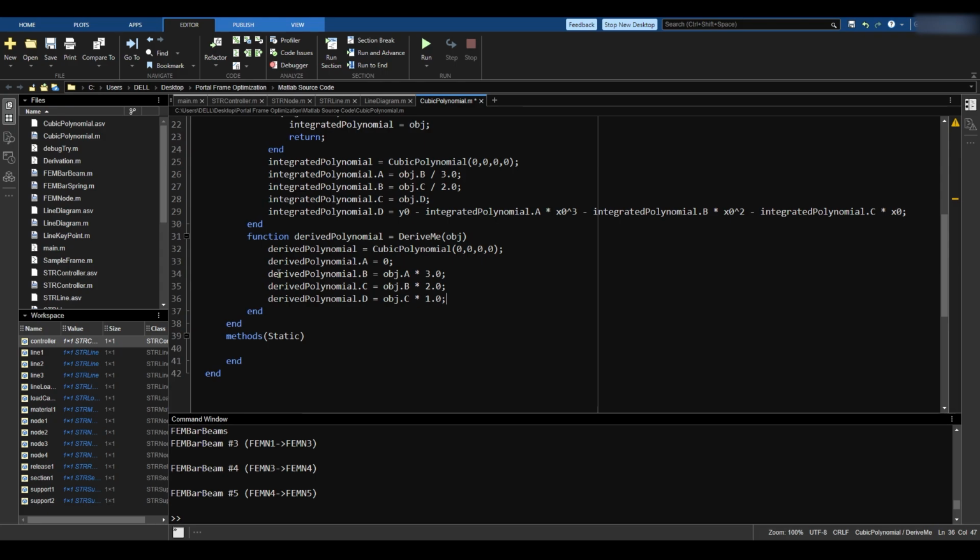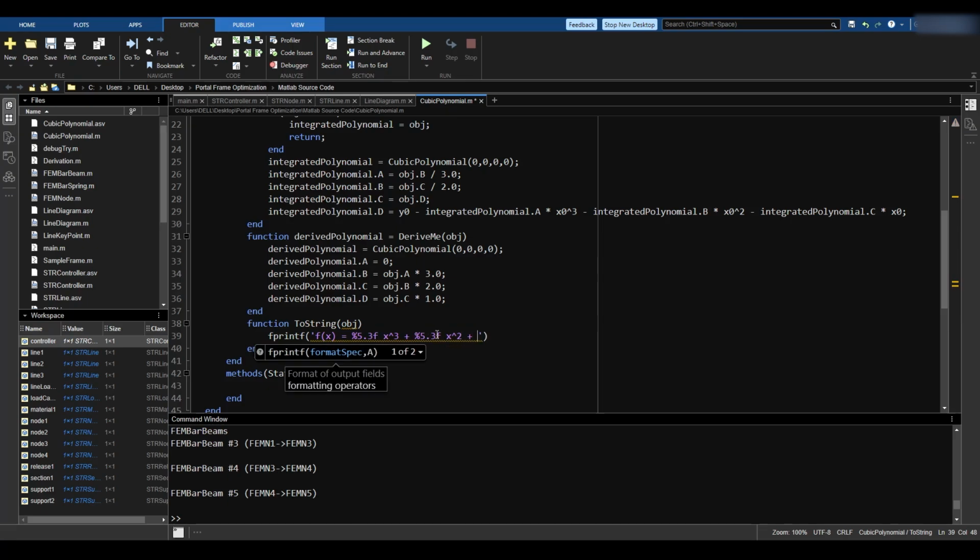Fantastic. And of course now we should return, and we have done it. Yeah, that's good. I might even add the toString function here. So function toString of the object. Let's return something nice. Printf, I don't know, function of x equals 5.3 x cubed, sorry, plus 5.3. Oh, there is an f here.